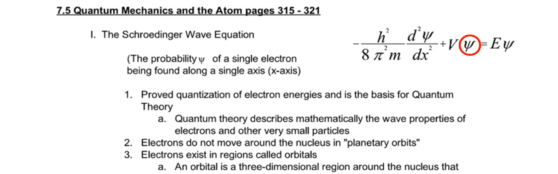When you solve for this, notice that we're talking about second derivatives here, you get a three-dimensional region, and that is the probable location of finding the electrons. It says that proving the quantization of electron energy is the base of quantum theory. This quantum theory describes mathematically, notice I said that, the wave properties of electrons and other very, very small particles.